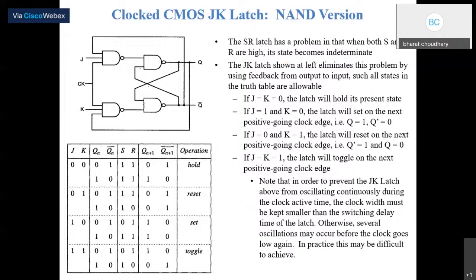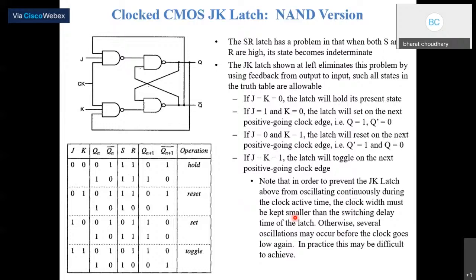If J and K are 1, the latch will toggle on the next positive going clock edge, and this is also an invalid state too. This is also called the race around condition.